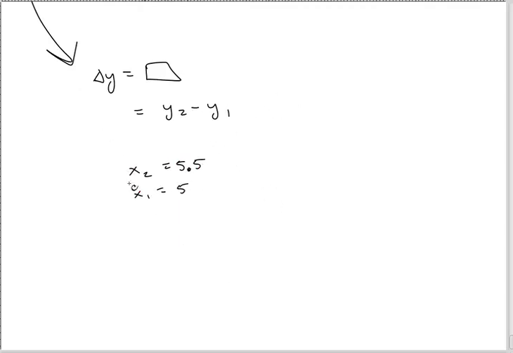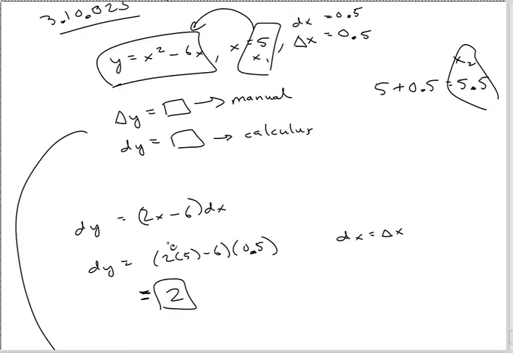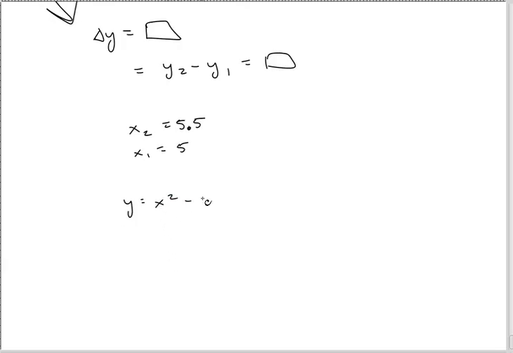Now, I'm not wanting to do slope. I know you're saying, oh, y2 minus y1, x's and stuff. No. This is my answer. Don't do anything else. Don't divide it. But we have to plug them in to find out what's going on. So y is x squared minus the 6x. And so y2 would be 5.5 squared minus 6 times the 5.5. Ugh, that is just the ugliest. Definitely calculator, and I got a negative 2.75.